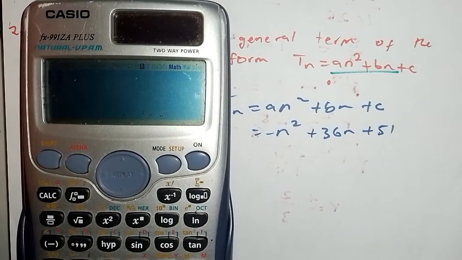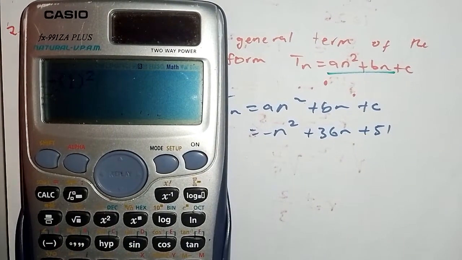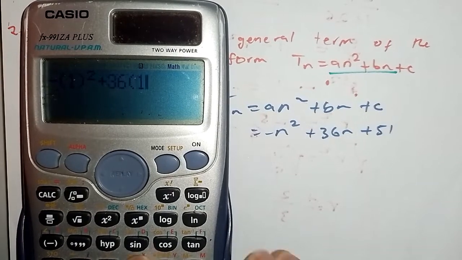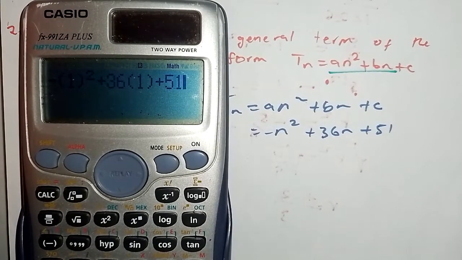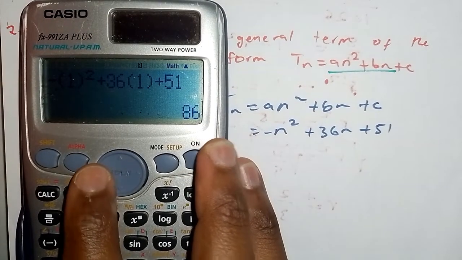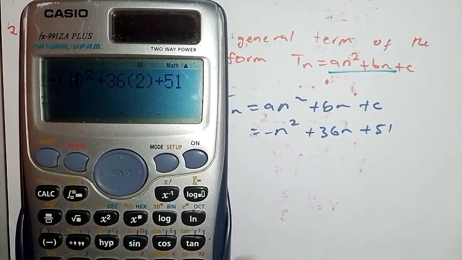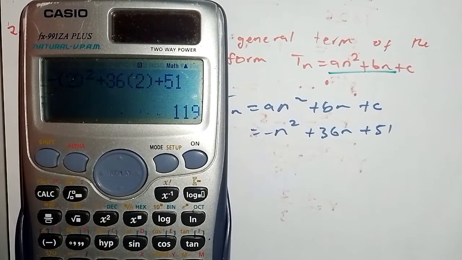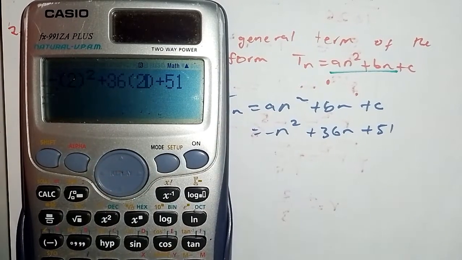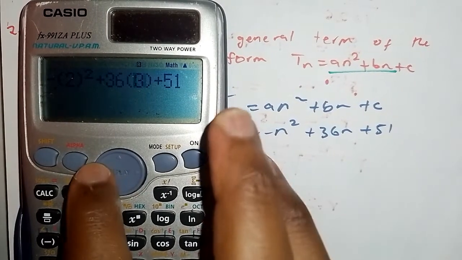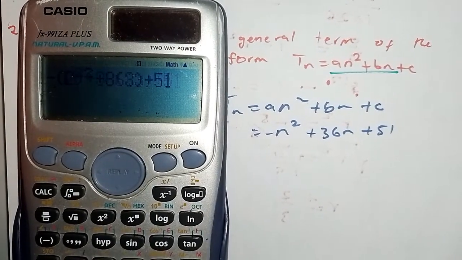Negative 1 squared plus 36 times 1 plus 51 gives 86. Okay, the first one is correct. Let's check the second one. It should give us 119. The third should give us something like 150.